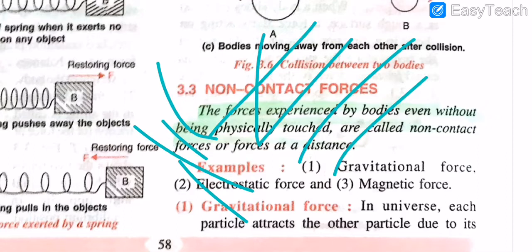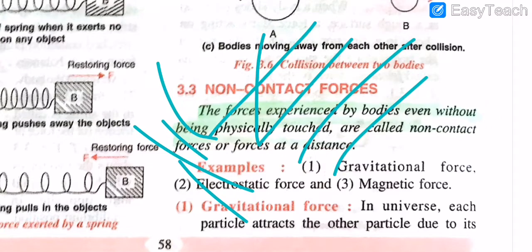Also, its magnitude varies inversely as the square of the distance of separation, that is, on doubling the separation, the force becomes 1/4. Something you need to mark in orange very importantly.